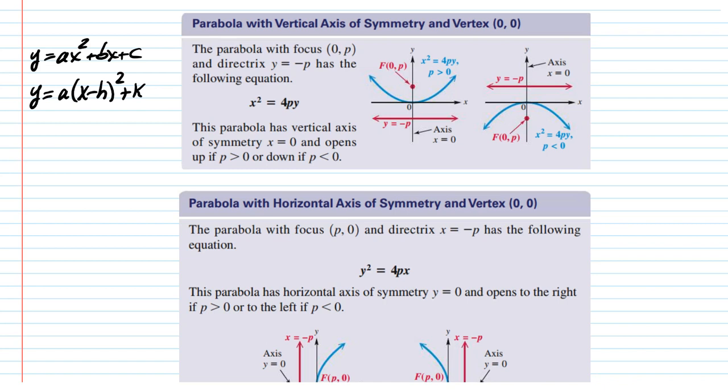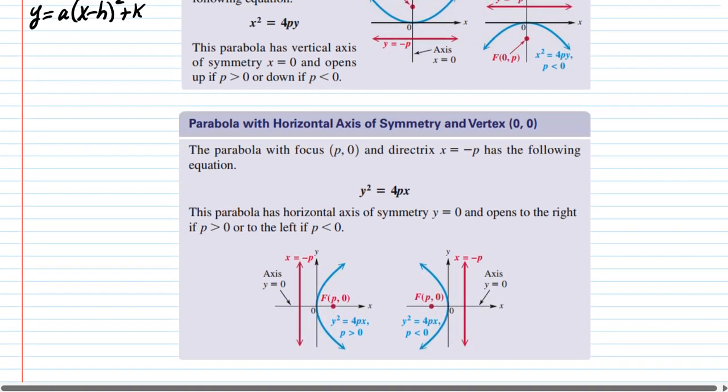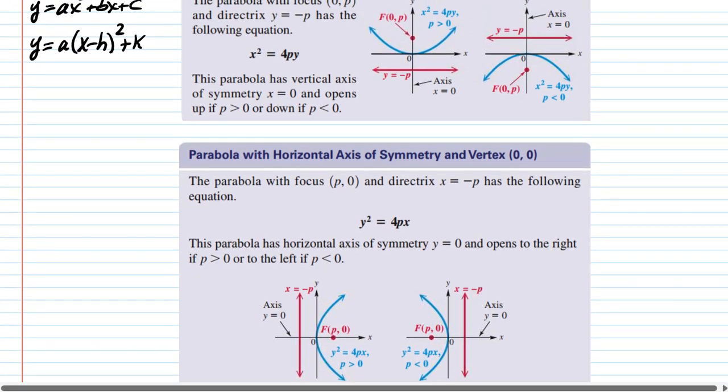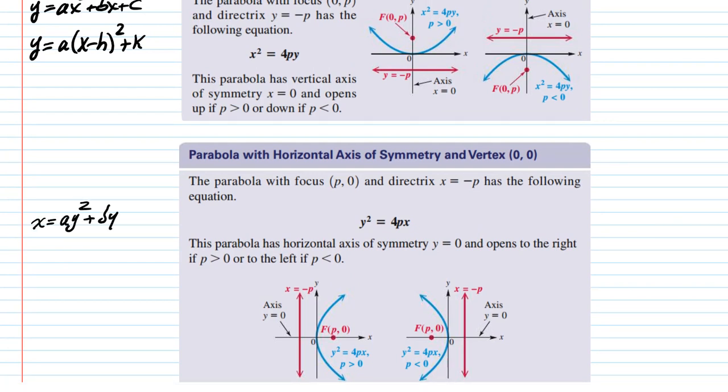This is for the vertical parabolas, and for the horizontal parabolas, which is what this one is, you simply switch the x and the y. So the polynomial form is x equals ay squared plus by plus c, and of course we have the corresponding hk form, which is x equals a(y minus k) squared plus h. Here the vertex of the parabola is at (h, k). We never talked about the focus of a parabola. Vertex still at (h, k).